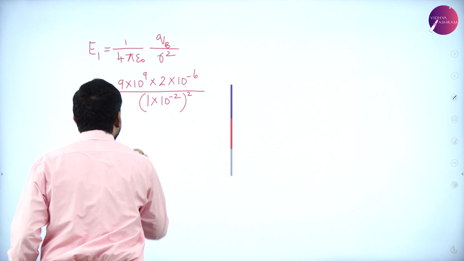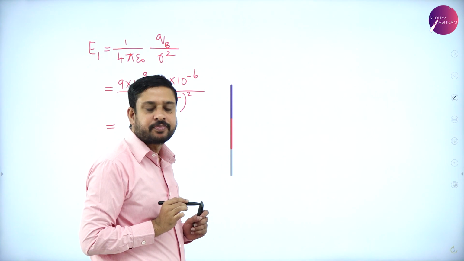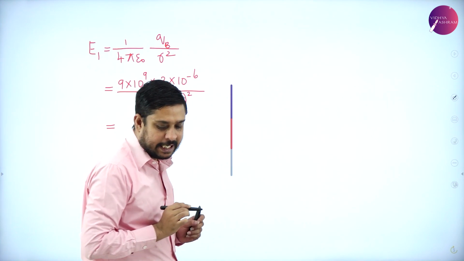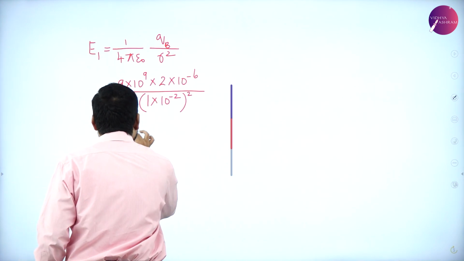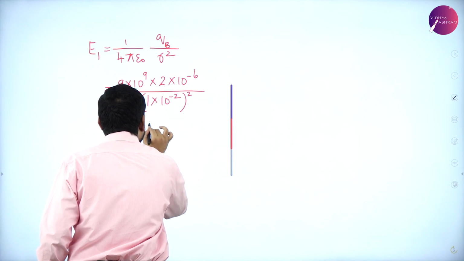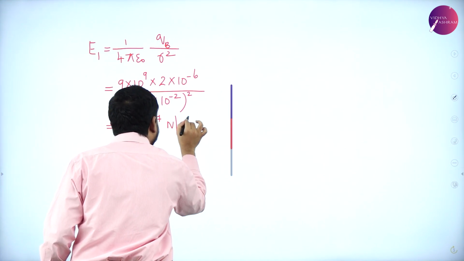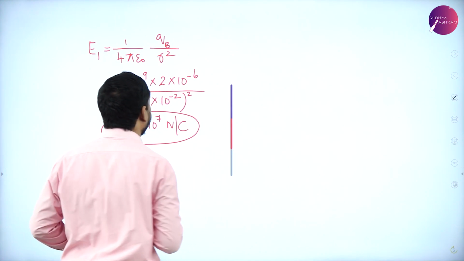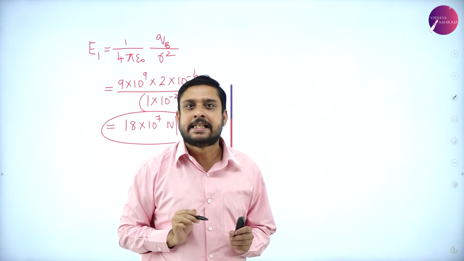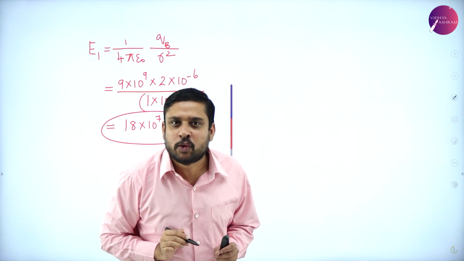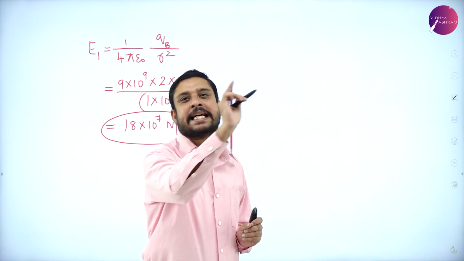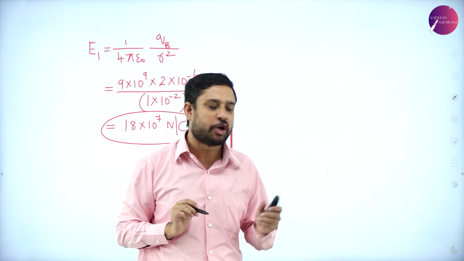And on simplification, E1 turns out to be 18 into 10 power 7 Newton per coulomb. This calculation is exclusively for y'all.